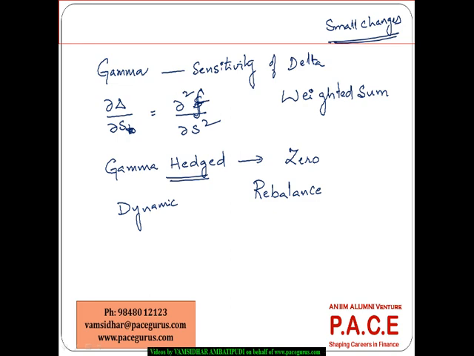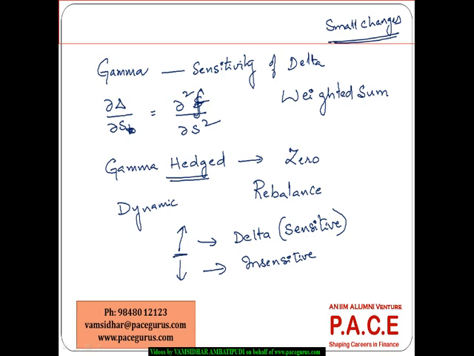And if the gamma is very high, then it means that the delta of your portfolio is very sensitive. A high gamma means delta is very sensitive, a low gamma means delta is very insensitive, because gamma is nothing but the sensitivity of delta.